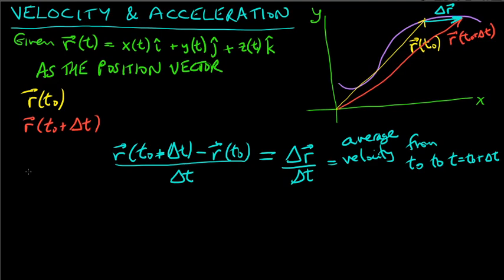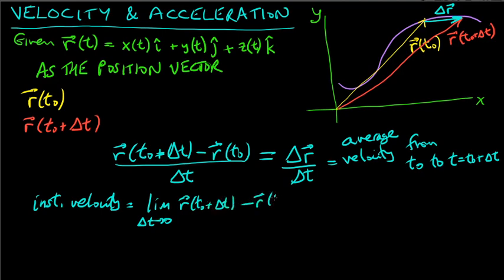If we want the instantaneous velocity, I'm running out of colors here, so I'm going to continue to use blue. The instantaneous velocity would just be the derivative. So you take the limit as delta t approaches 0 of r of t0 plus delta t minus r of t0, divided by delta t.